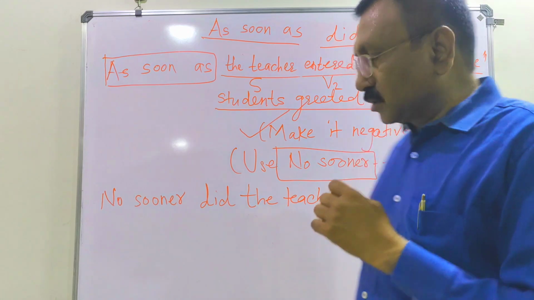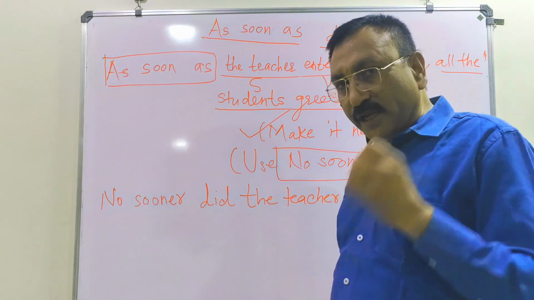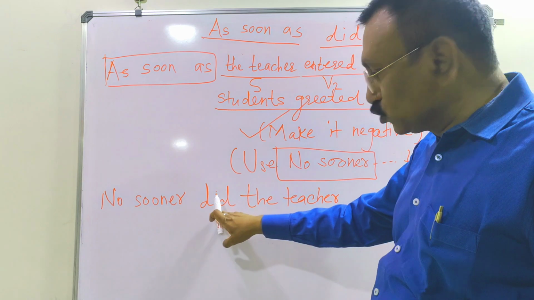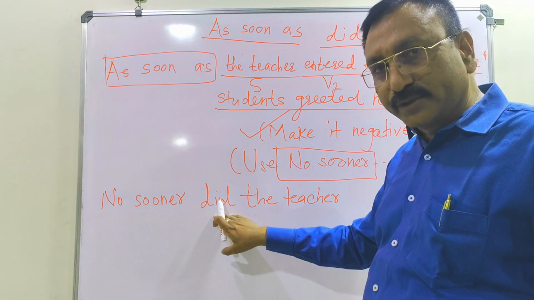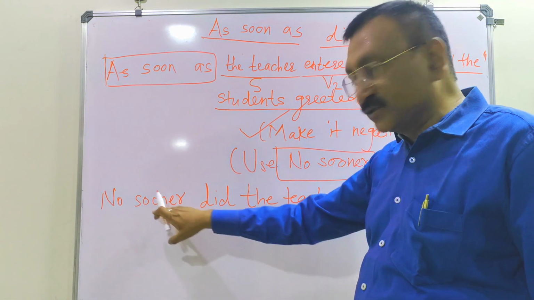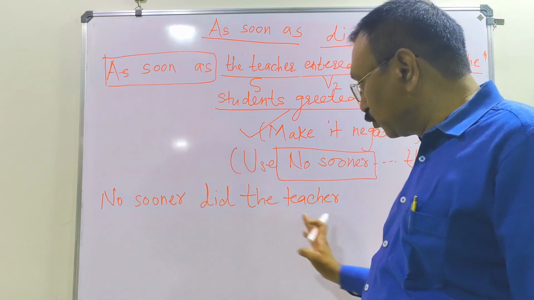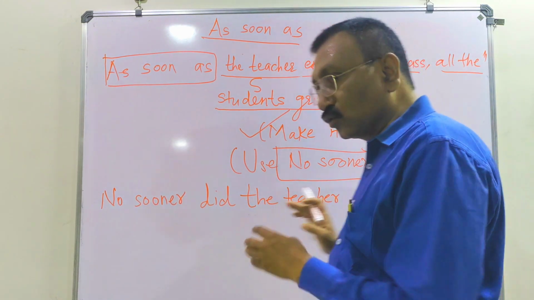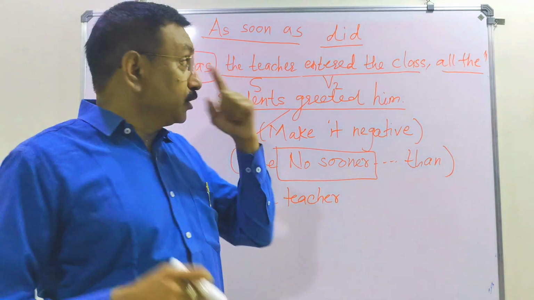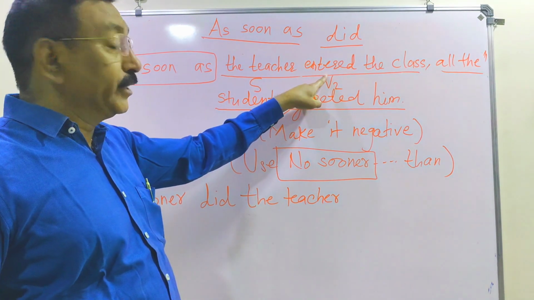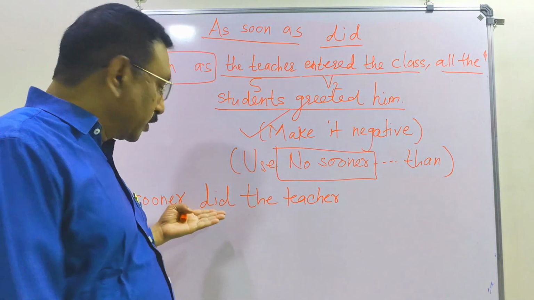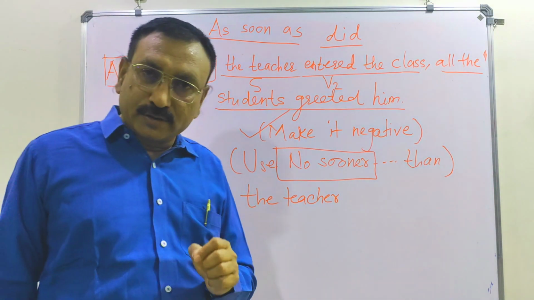Now let me clarify one significant point here. As I used the auxiliary verb did here after the conjunction no sooner and before the subject the teacher, now we are going to convert this second form of the verb entered into V1, because we have used the auxiliary verb did.